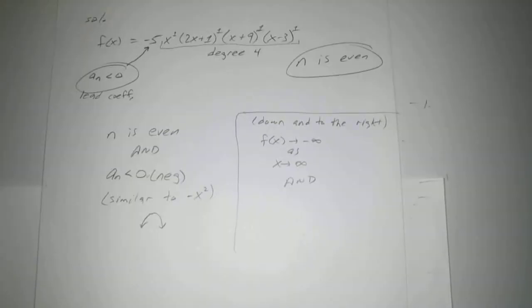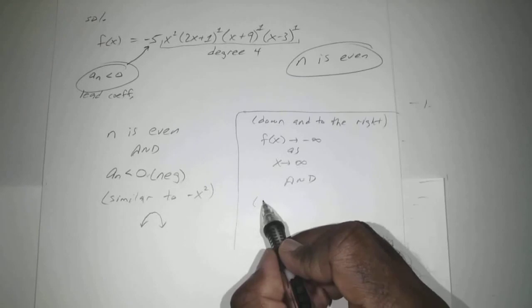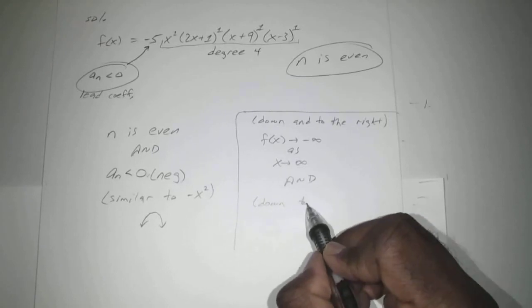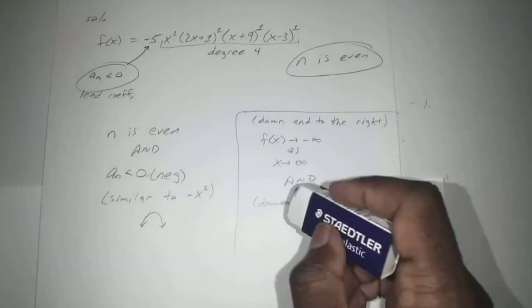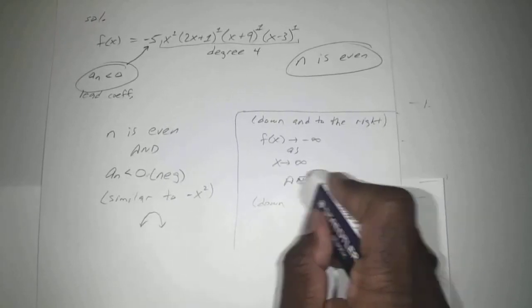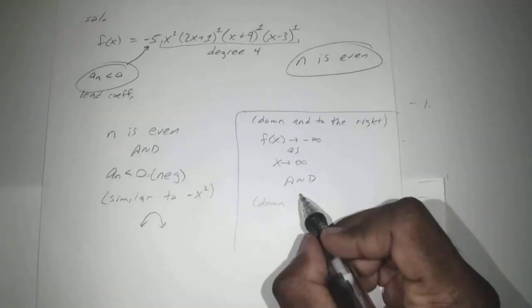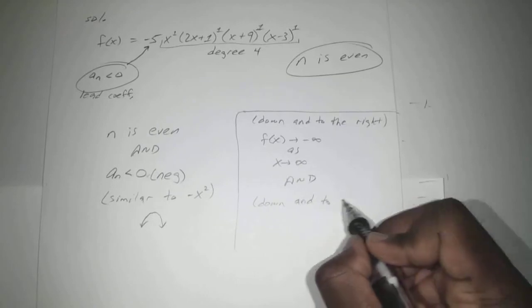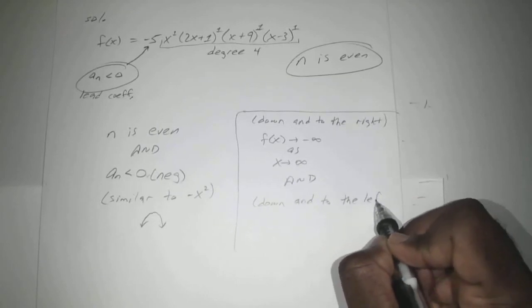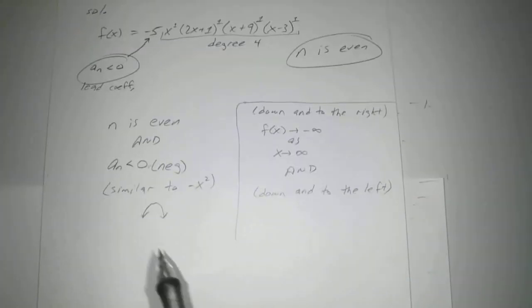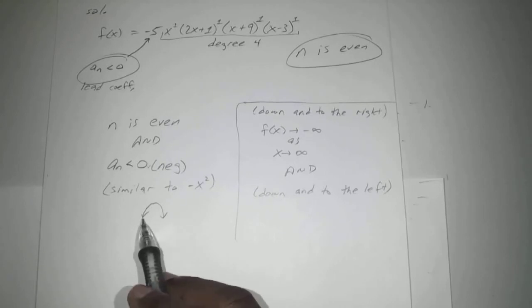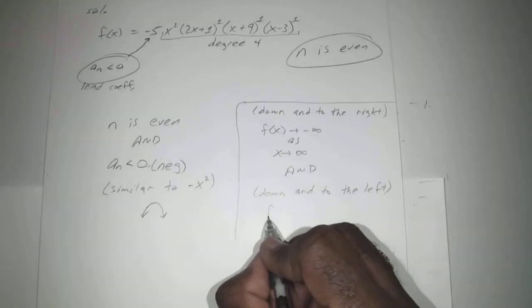And if it's going down and to the left, okay, that means our f of x is approaching negative infinity as x approaches negative infinity.